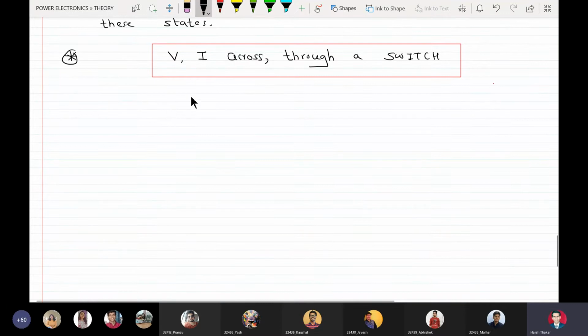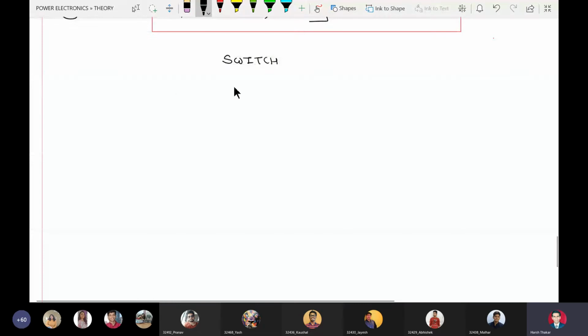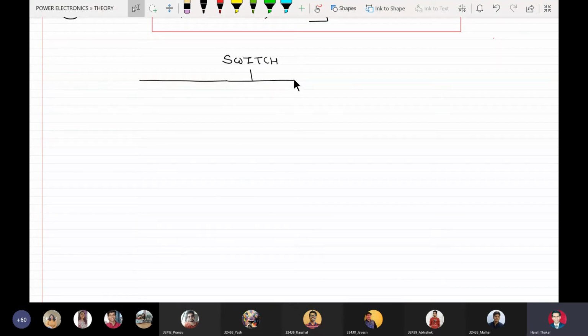Yeah, so we have the switch here. It is in off state or it is in on state.